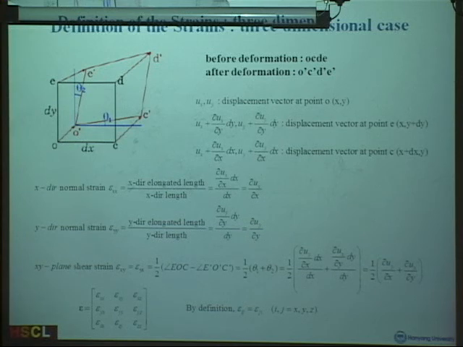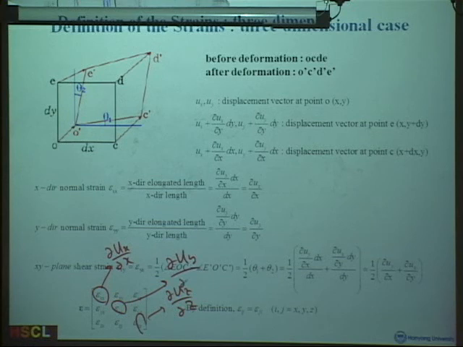So I will remind you again that epsilon xx is the derivative of ux with respect to x, and similar to this one, this can be defined, for instance, as uz with respect to z, and this one is simply with respect to y. Well, what does it mean?